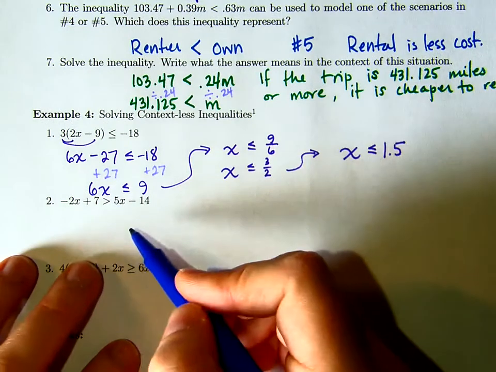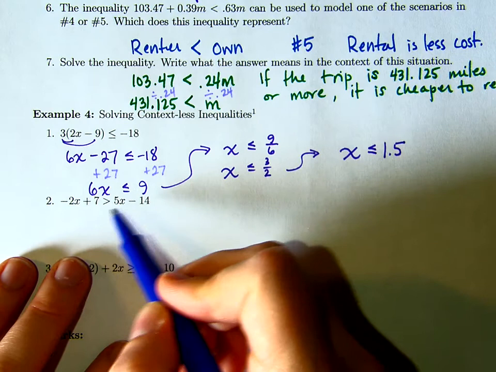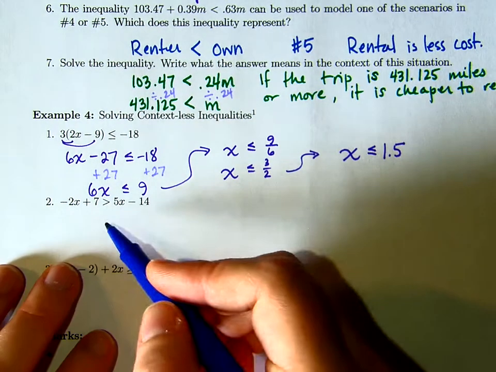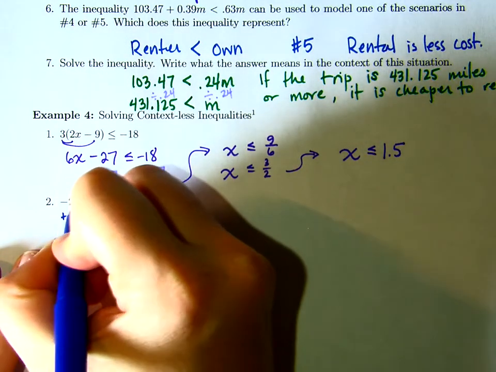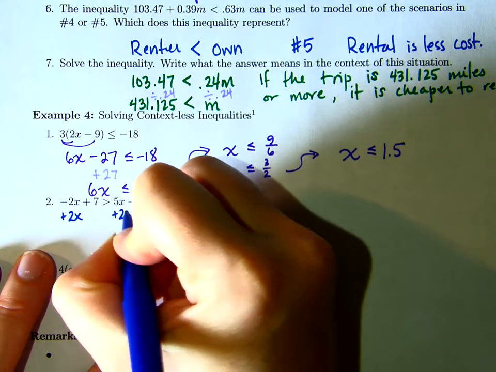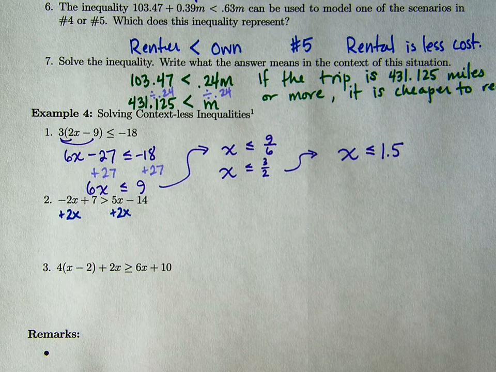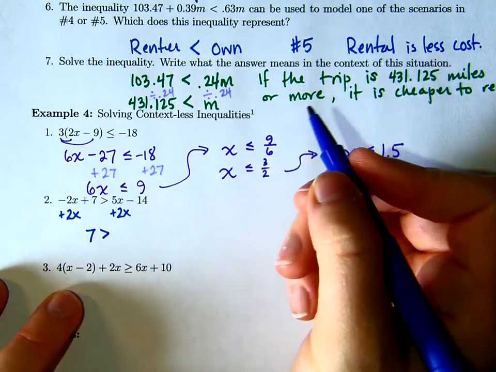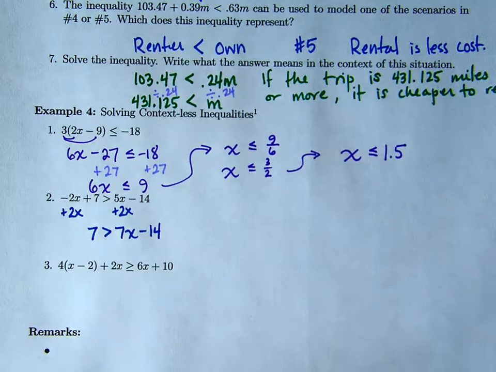Oh, okay, well, there are some x's on this side and there are some x's on the other side, and I feel like we can combine those, but we have to move them. This is negative, so I'm going to do the opposite and turn it positive. So undoing that takeaway of 2 x's, I'm going to add 2 x's to both sides. That means I would have 7 is greater than 7x take away 14.